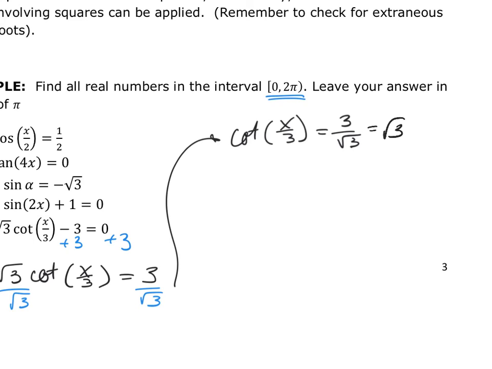So where is cotangent equal to root 3? Pi over 3? Pi over 6. It's pi over 6. So my angle is equal to pi over 6 plus pi k.